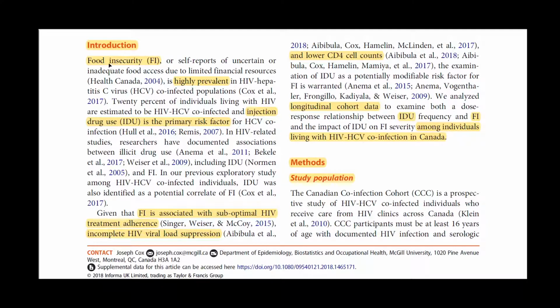So because of the high prevalence of the outcome, food insecurity, the exposure, injection drug use, and consequences of being food insecure, we analyze these data in a longitudinal fashion to examine the relationship between injection drug use as the exposure and food insecurity as the outcome among individuals living with HIV, HCV co-infection in Canada. So that's the justification for this work, which in this paper is quite brief.